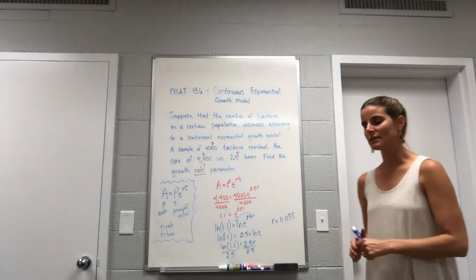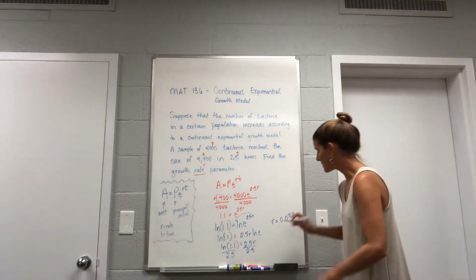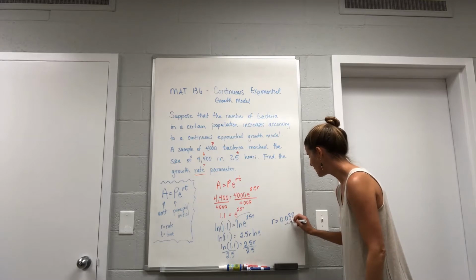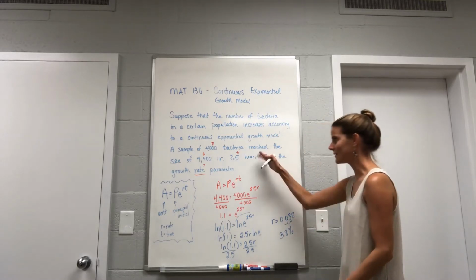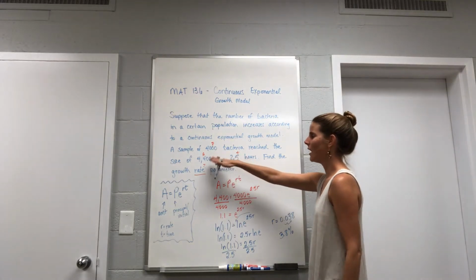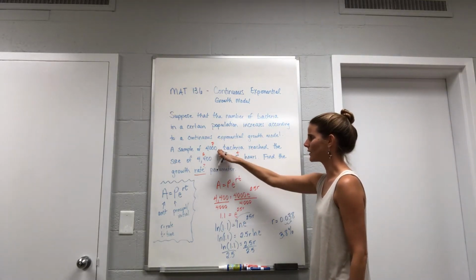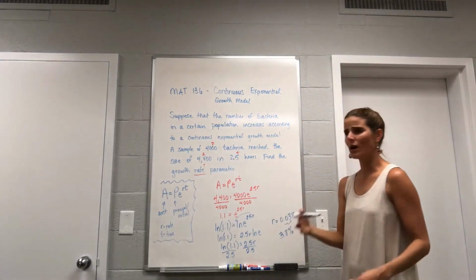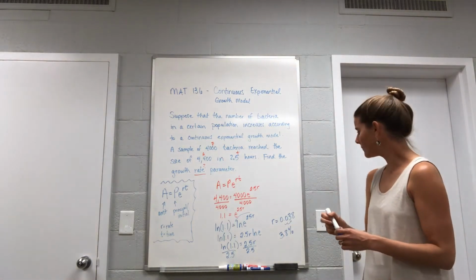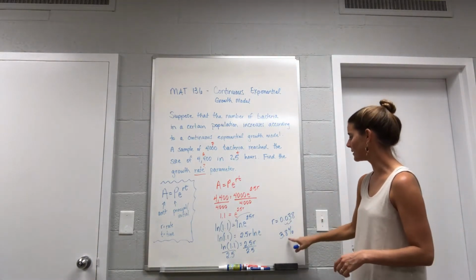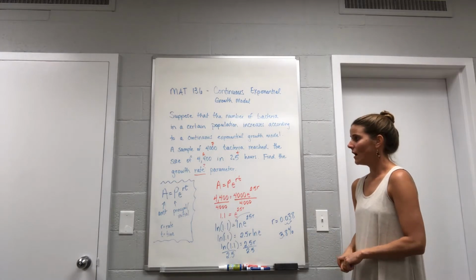As a percent, if we move that over 2 units, this is 3.8%, and that does make sense in this context. In 2.5 hours, it increased from 4,000 to 4,400. That's a pretty good rate of increase.